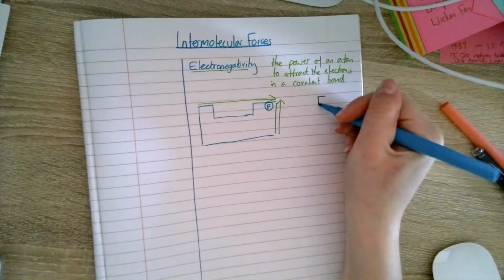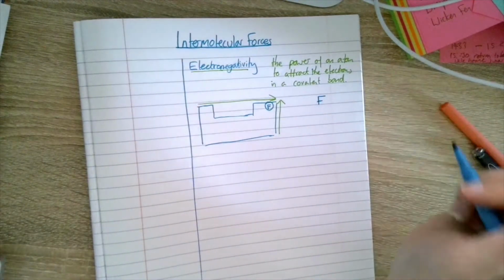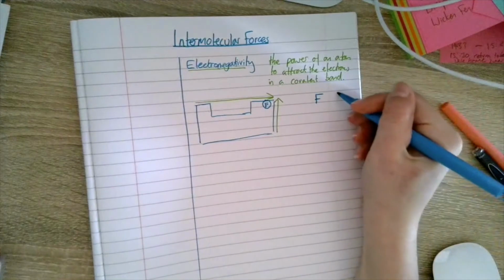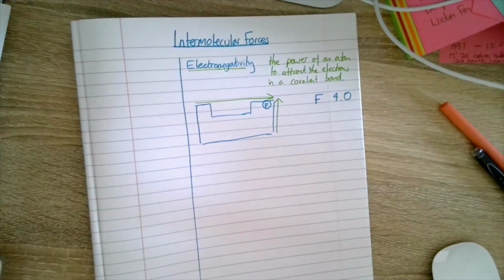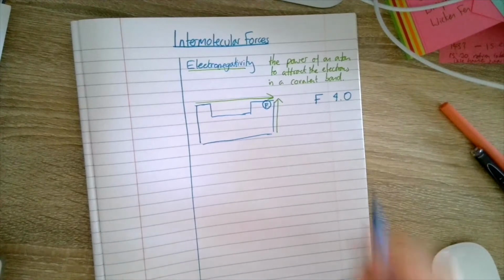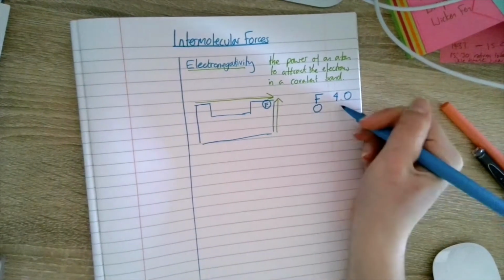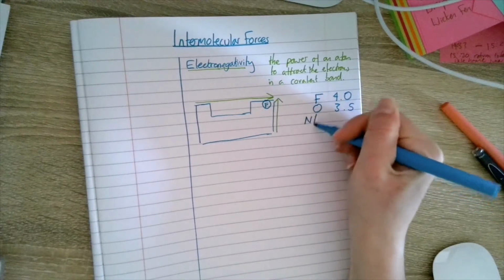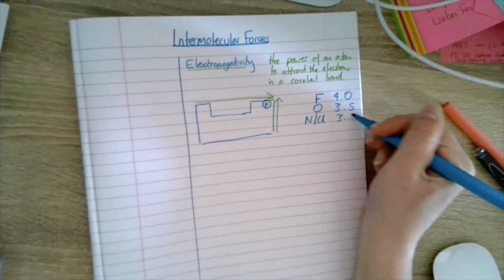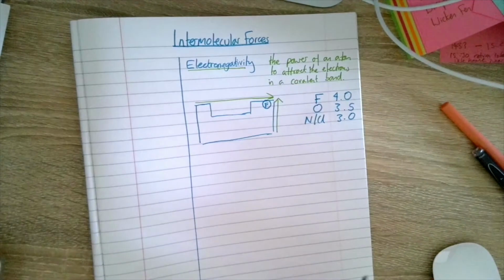But our fluorine is the highest on the Pauling scale, with a value that they give of 4.0. Next we then have oxygen at 3.5, and then our nitrogen and chlorine come in at 3.0.